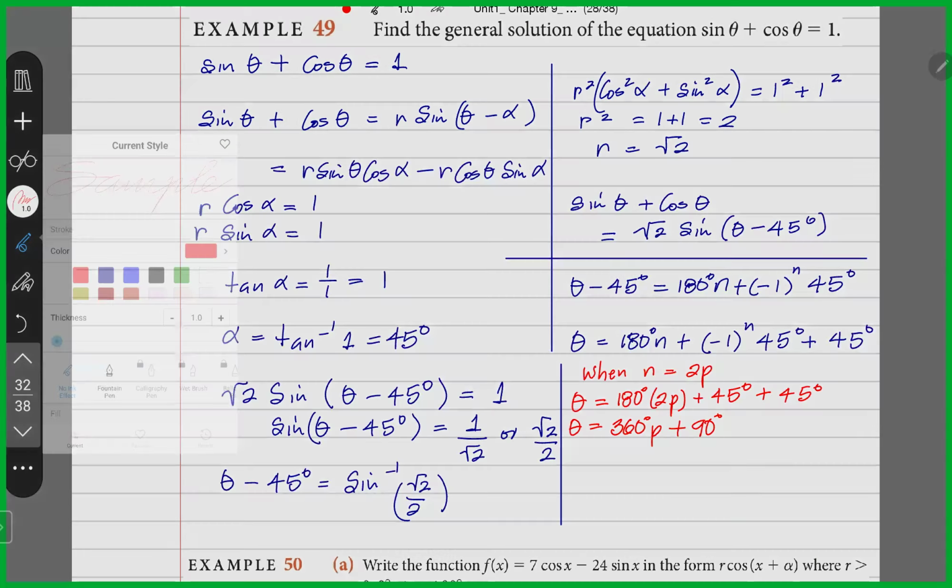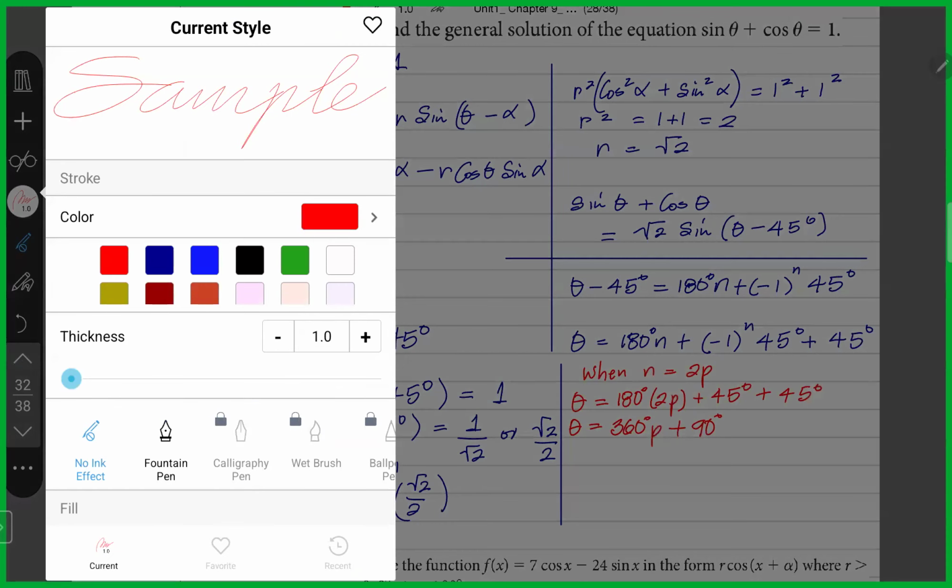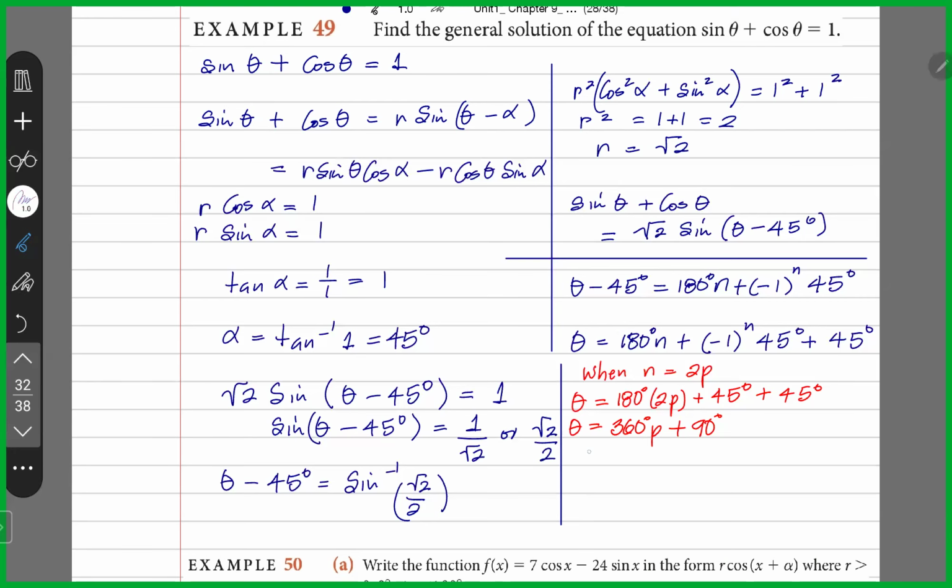Now, when n is equal to 2p plus 1, that is when n is odd, we're going to get theta is equal to 180 times (2p plus 1). Since n is odd, minus 1 to the n is going to come out to be minus 1 times 45 degrees. So that's minus 45 degrees plus 45 degrees.